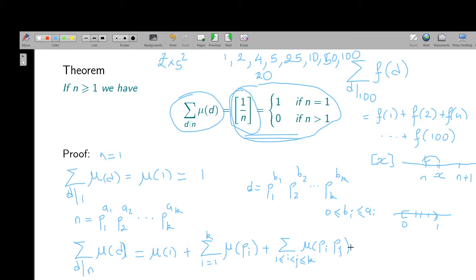Okay, plus let's write the last one, that is mu of p1, p2 up to pk. So you have only a single choice. I hope everyone can see why this sum becomes this.